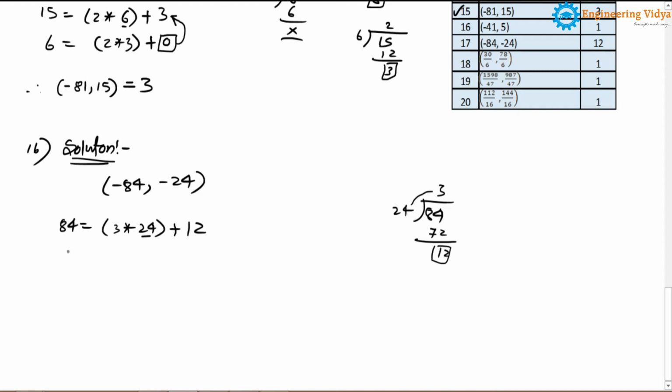Here we have 24, so we'll write 24, and 24 can be written as 2 into 12, so the remainder is 0. Once the remainder is 0, the remainder before the 0 is your final answer. So GCD of minus 84 and minus 24 is nothing but 12. This is our final answer.